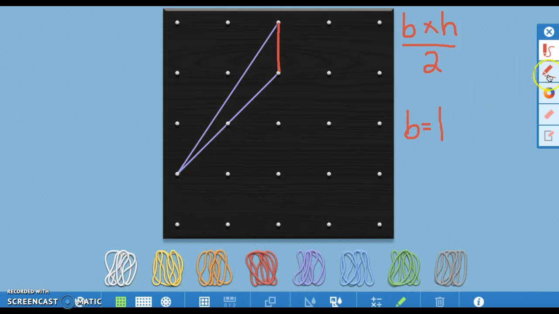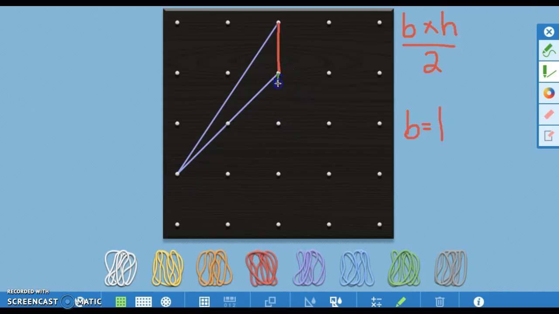Now, in order to find the height, I'm going to decide how I can figure out how tall this figure is. I need to go to the highest point from my base all the way to here, but it needs to be at a right angle.